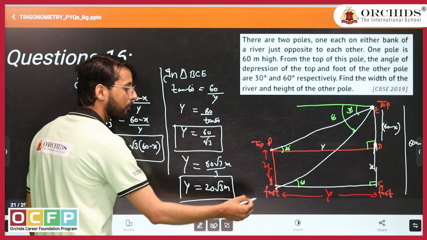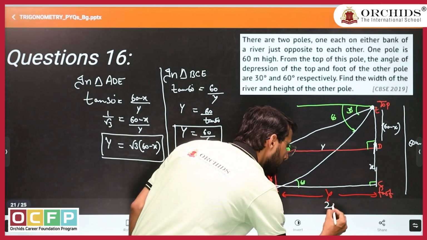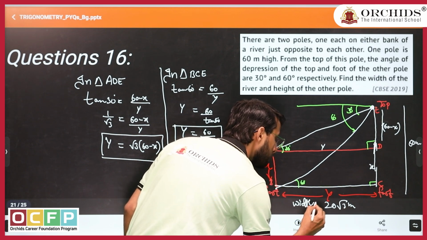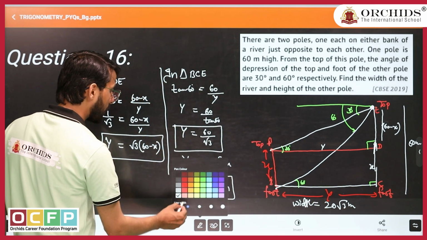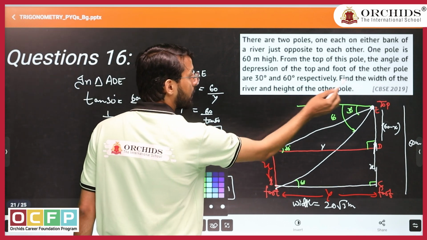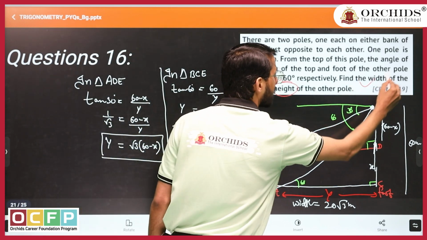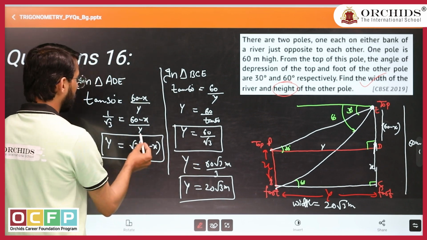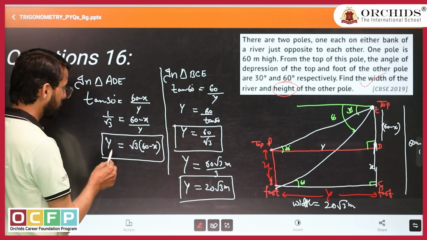So we got the width as 20 root 3 meters. Now the height is remaining, and height was the x value. Here we created an equation where y equals this.